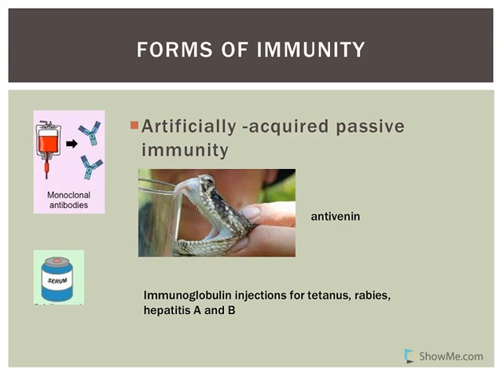Now, an example of artificially acquired passive immunity is things like anti-venom, where they have taken venom from snakes or spiders or other poisonous animals. They take these venoms, and they have antibodies produced by, say, horses and rabbits, where they inject these animals with small enough doses not to kill the animal, but the animals produce the antibodies.